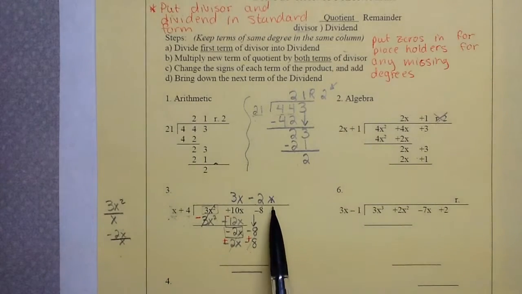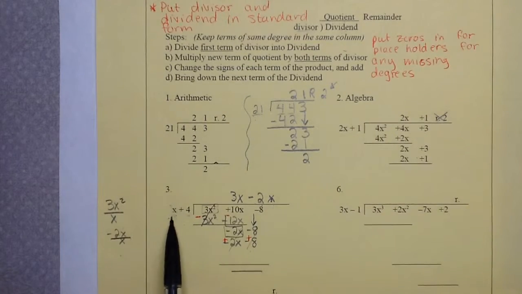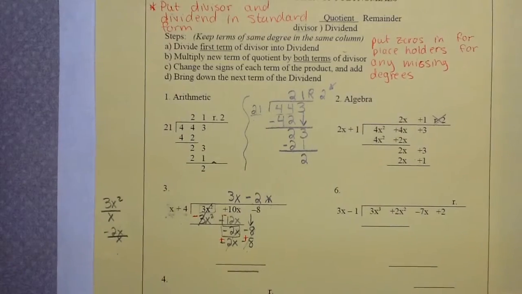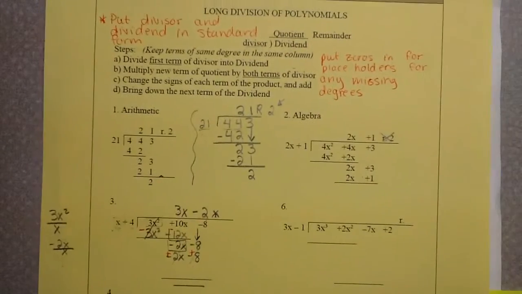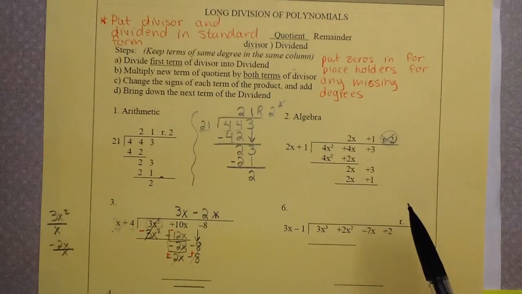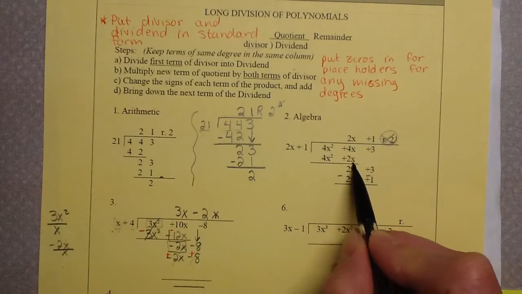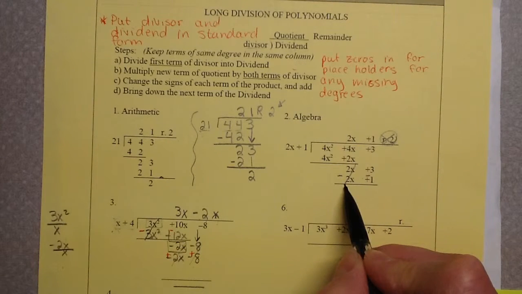Now, when you have a remainder, you're not going to write it as r. You'll either add or subtract, and you'll put the remainder over the divisor. So let's go back up to this question right here. Here they wrote remainder 2, because when I change the signs here to a minus, and I add, that turns into 0.